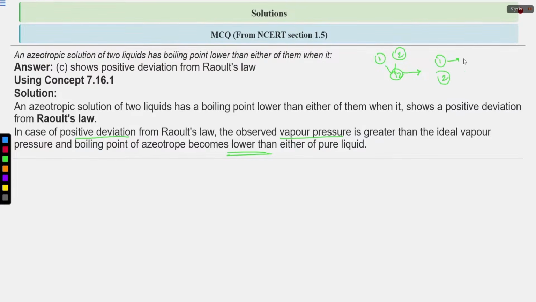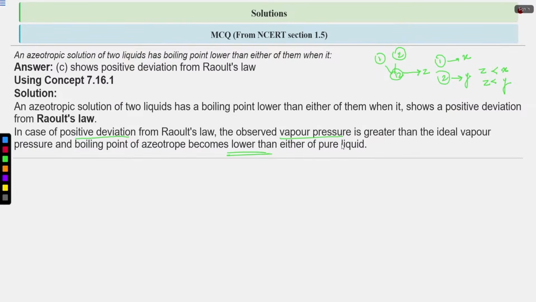Let's suppose one has X boiling point, two has Y boiling point. So the boiling point of the mixture of one and two will be, let's suppose, Z. So Z will be lower than X and also lower than Y. This happens when the solution shows positive deviation from the Raoult's law.